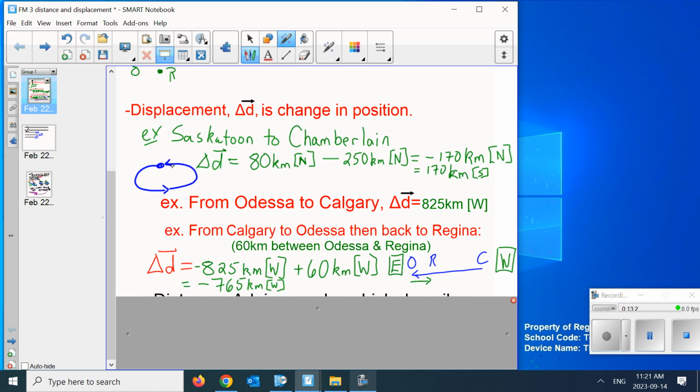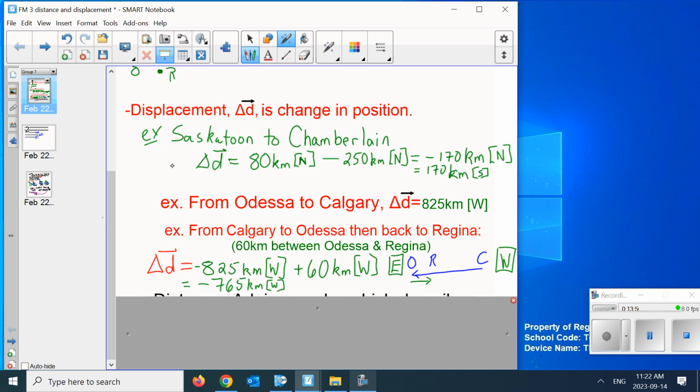That's 400 meters of distance. Now, your displacement in that case would be 0. Why? Because where you started and where you ended up is the exact same place. Does that make sense? Distance, 400 meters, displacement, 0. Round trip.